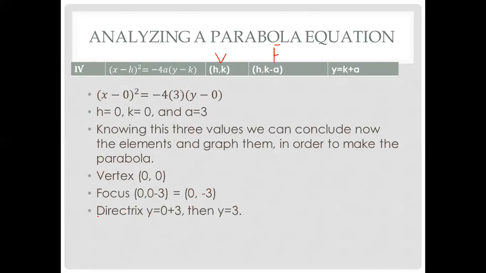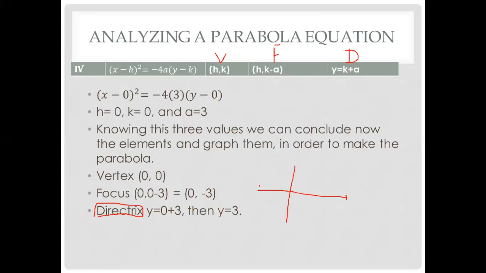And for the directrix, I'm going to explain something about it right now. The formula says you have to add the value of K plus A. Here it is, the directrix. You're going to add 0 plus 3, which is 3. So what does y equals 3 mean? I'm drawing a Cartesian plane.